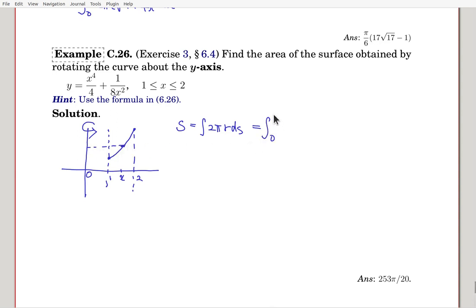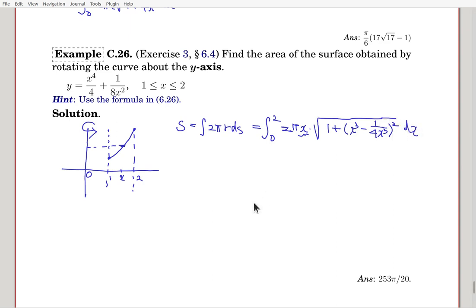So 2 pi x is r, and then you have to put ds: the square root of 1 plus the derivative squared, where the derivative is x cubed minus 1 over 4 x cubed, squared.